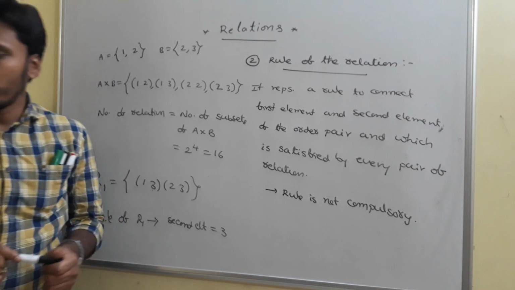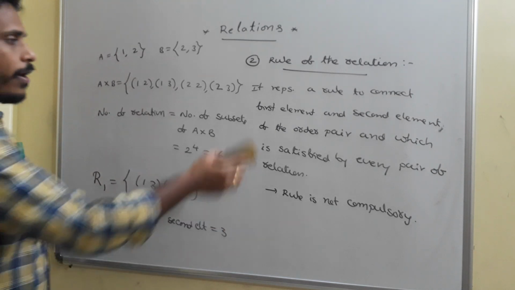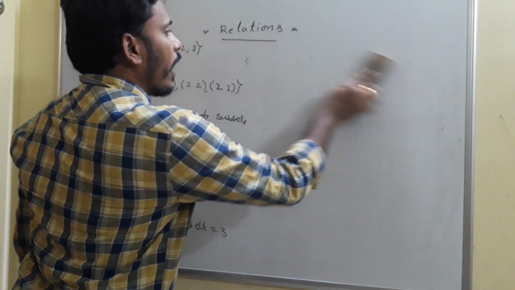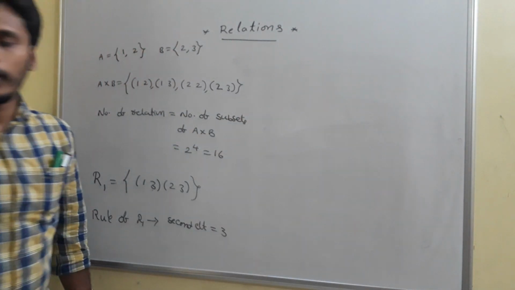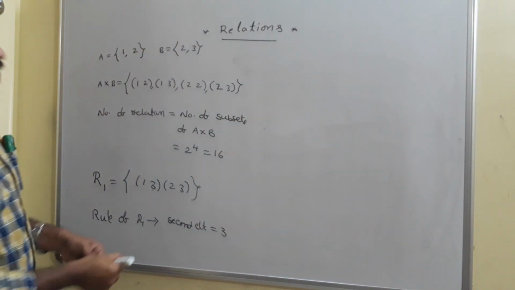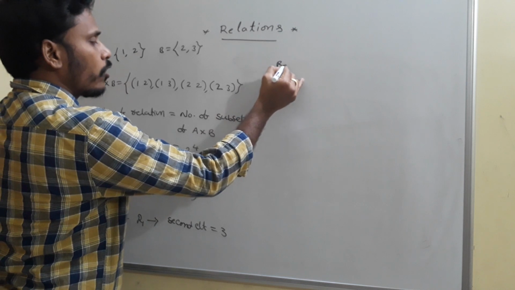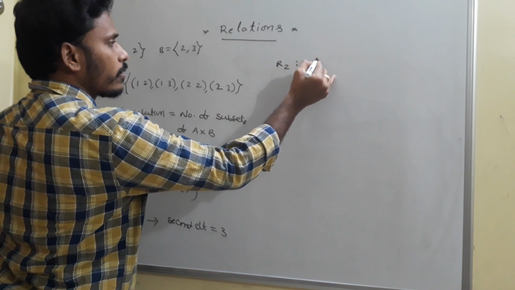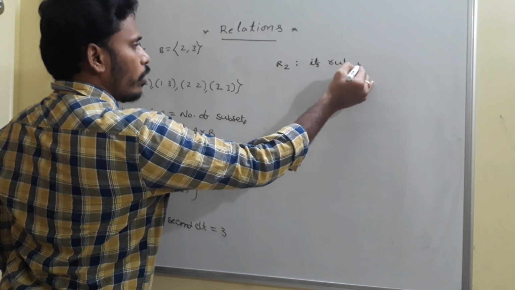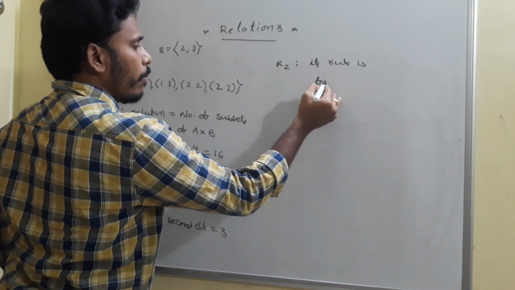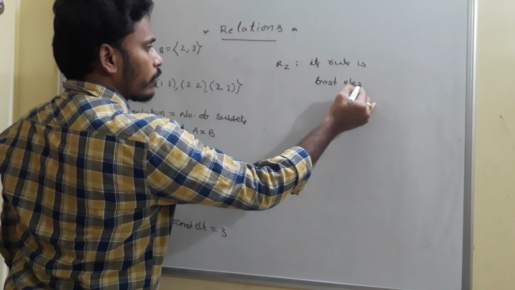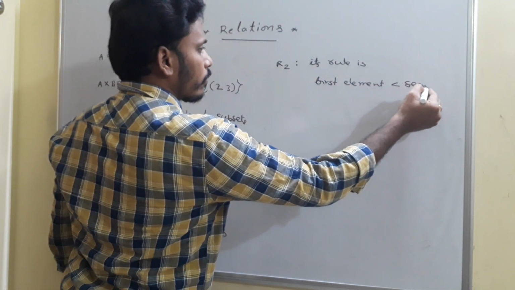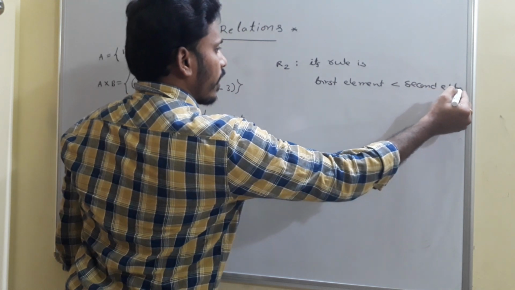Suppose I give you a rule. I am erasing this; the definition is simply a rule or property satisfied by every ordered pair. That's it. Suppose I define a relation R2 whose rule is: first element is less than second element.